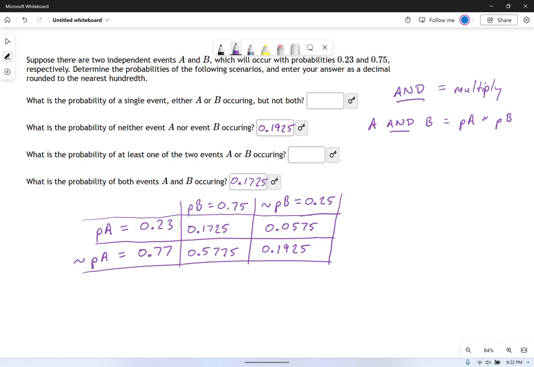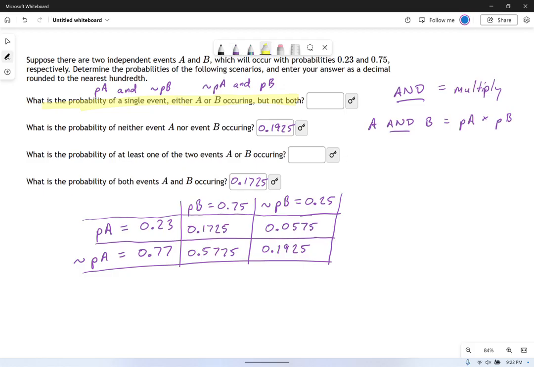Let's take the first one. First one says, what's the probability of either A or B, but not both? So what does that mean? This is probability A and not probability B. Okay, that's one possibility, but this is another one that would work. Not probability A and probability B. Either of these would be fine.